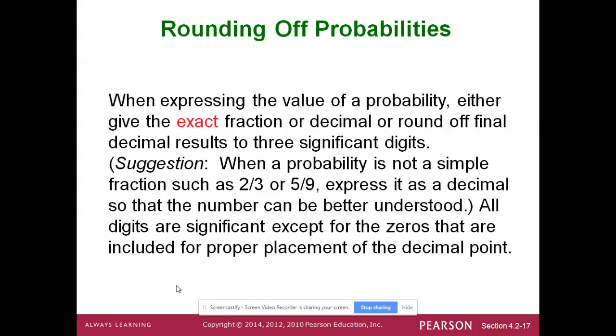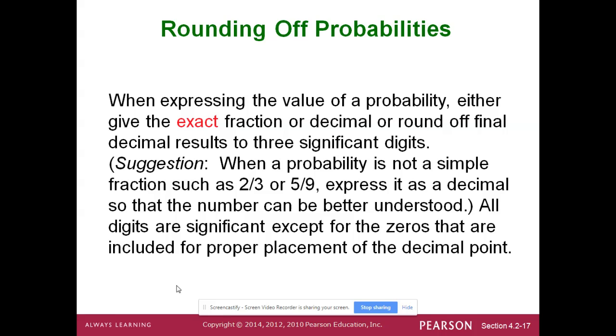Mr. Wood and I had a conversation about that the other day because I knew this was coming up, and I was asking him what they did in chemistry for that. And he said, yeah, significant digits is how it's supposed to be done there. Okay, but round an exact fraction or decimal final result to 3 significant digits. 3 significant digits.